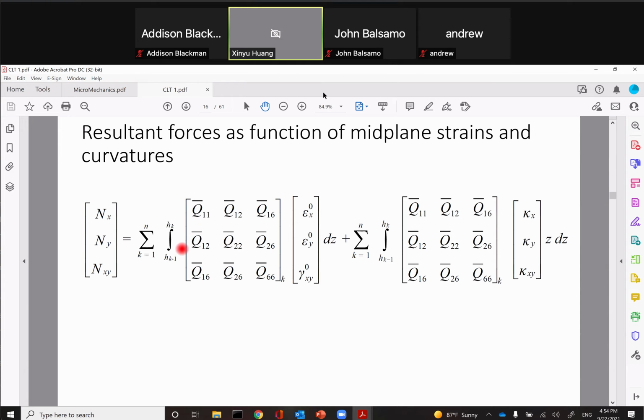You integrate over each layer and sum them up. This is a curvature multiplied by this matrix. And then there's a z term, the z in the back. Z is blocked, I think. There should be a z. There's a z here. And then you integrate and you sum together over the layers.